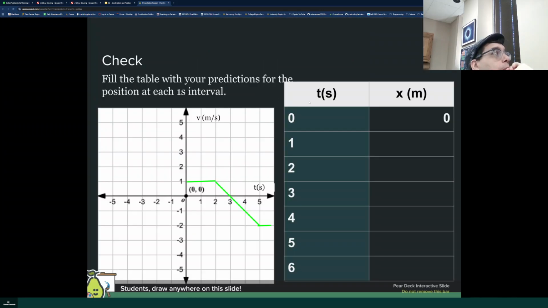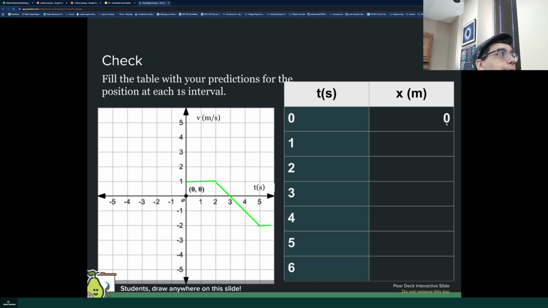Okay, so what we're going to do now is actually do that calculation. I'll do the first example, the first second, with us all together. First note that I am just declaring where we're starting. Remember, velocity can't tell you what position is, just how position changes.